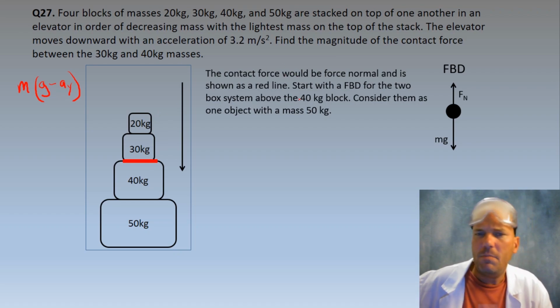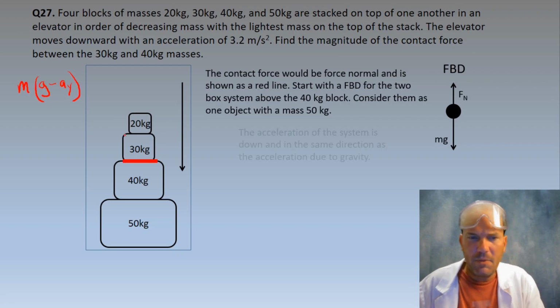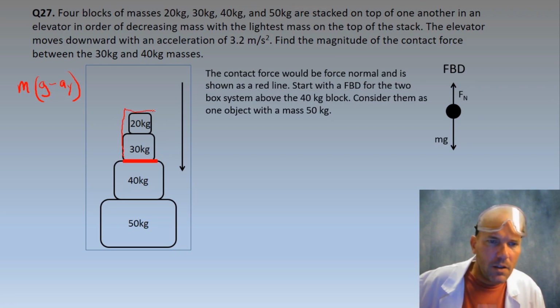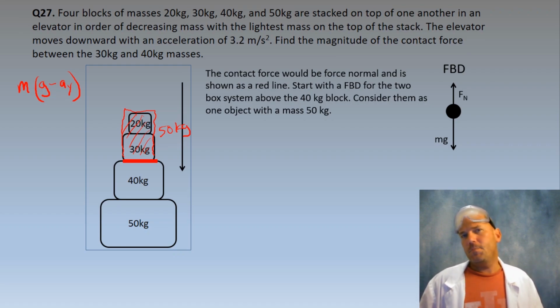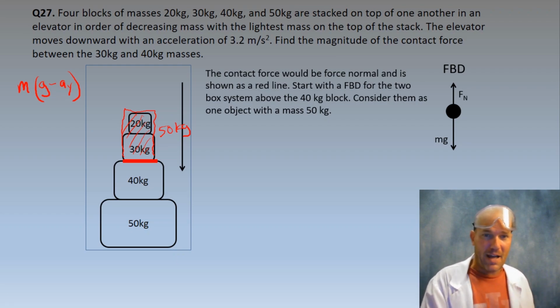Okay, so we are concerned with this contact force here between the 30 and the 40 kilogram. So that would be the normal force here. And if you look above the 40, we have two blocks. See if you can consider this as one object. You can conceptualize this as one object that is 50 kilograms, or 500 newtons for that downward contact force it's exerting on this 40 kilogram box.